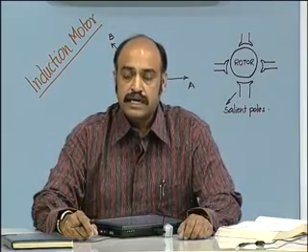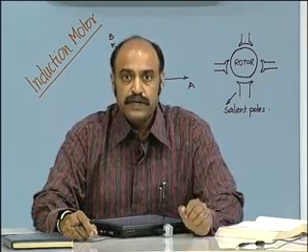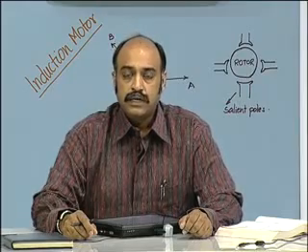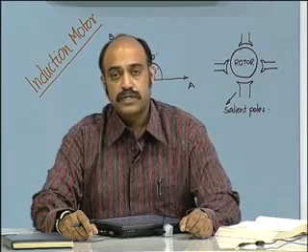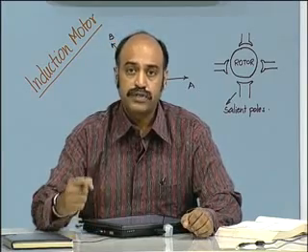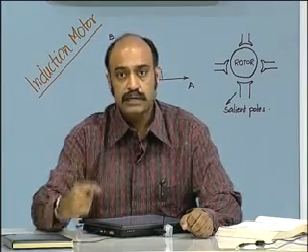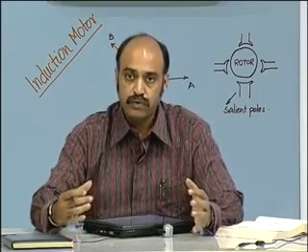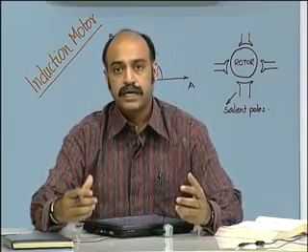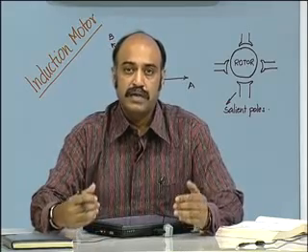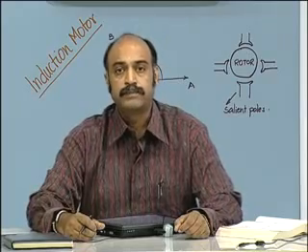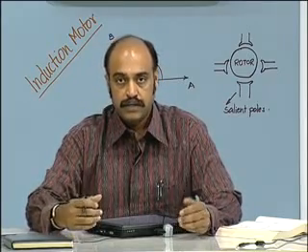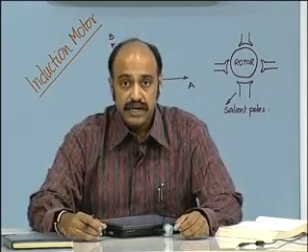And because there is a current in the rotor conductors and there is a field in the machine, by virtue of the Lorentz law, that is force is equal to BIL, there is a force which is induced on the rotor conductors, and the accumulated force on all the rotor conductors creates a torque and which makes the rotor move. So this is how we get the mechanical motion. We will look into the details of that much later.